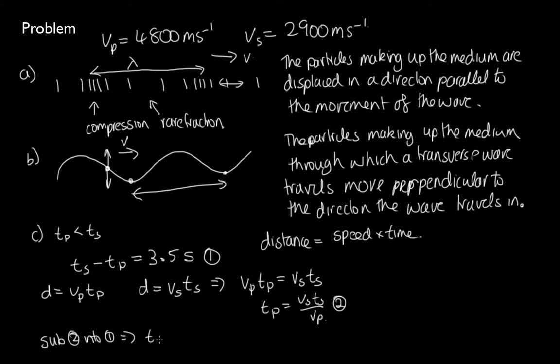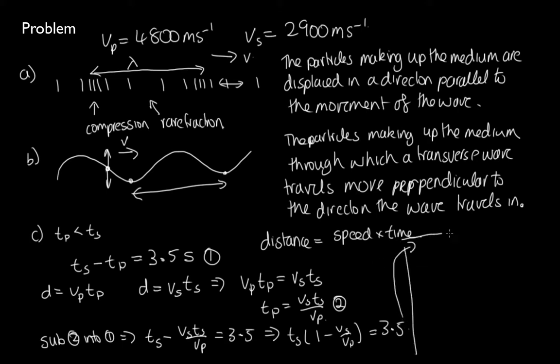So this tells us that TS minus, instead of writing TP, we'll put VS TS on VP, is equal to 3.5. So rearranging this, we can pull TS out as a common factor, and we've got 1 minus VS on VP is equal to 3.5. Okay, we need to make some more room. We'll continue up here.